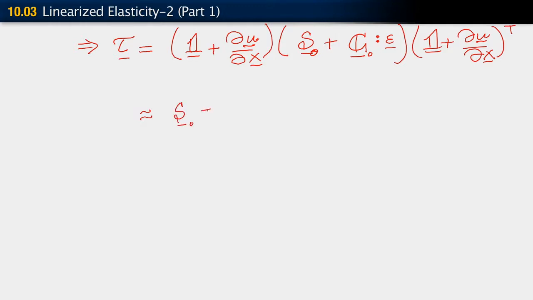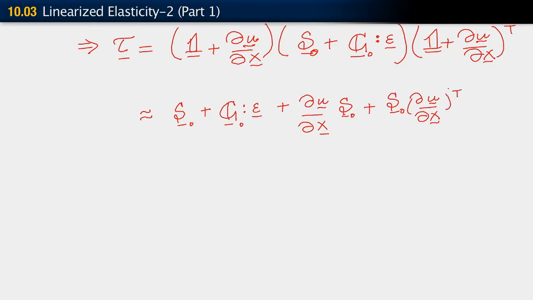We get S naught plus C naught contracted with epsilon, plus we get terms of the form... right?